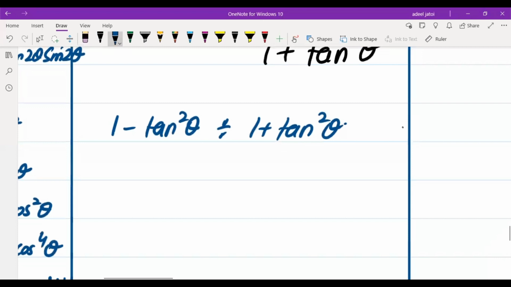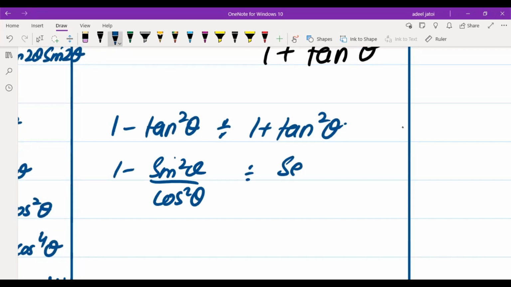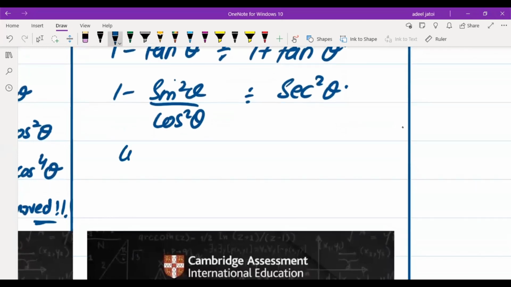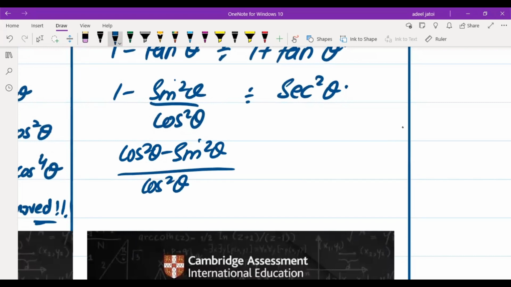Now, obviously 1 plus tan square theta can be changed to sec square theta, but 1 minus tan square theta will be 1 minus sin square theta upon cos square theta divided by sec square theta, and this should be cos square theta minus sin square theta upon cos square theta divided by 1 upon cos square theta.